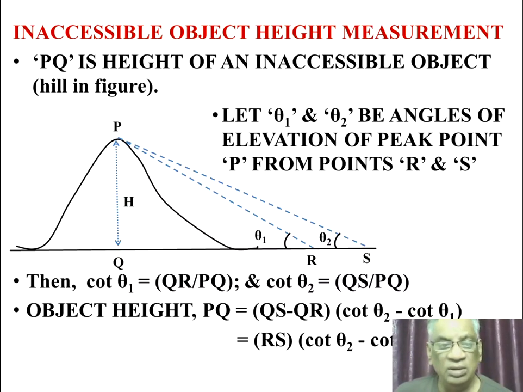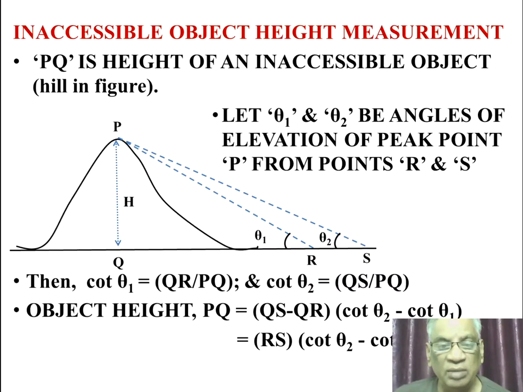Then cot theta 1 is given by QR by PQ, and cot theta 2 is given by QS by PQ. Here QR and QS are not measurable. So the object height is given by (QS minus QR) divided by (cot theta 2 minus cot theta 1).